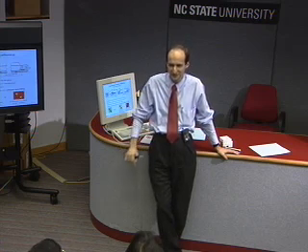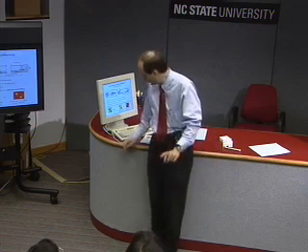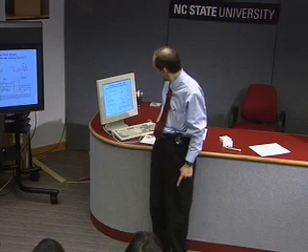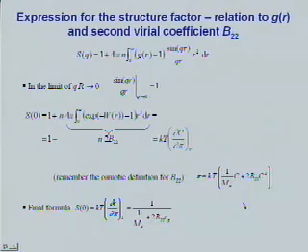Okay, last question. How is it related to the Bragg diffraction wavelength? I have given you the general formula for diffraction. In this one, you can see that I have put in a radially isotropic radial distribution function.